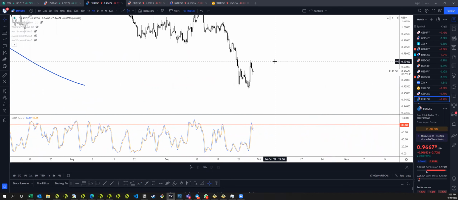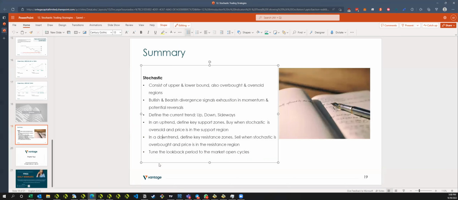Okay, I hope I answered all of your questions on stochastics trading. I think the key highlight would be these 4 points here: defining the trend, defining your support resistance zone, and then the confluence of your stochastics into those zones will be how we can identify good entry points using stochastics.